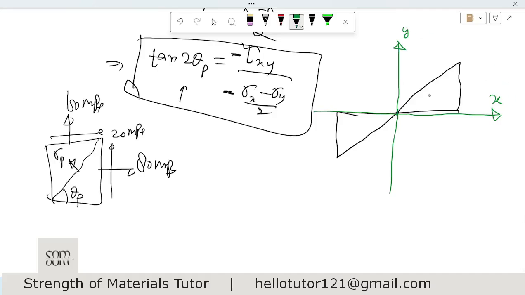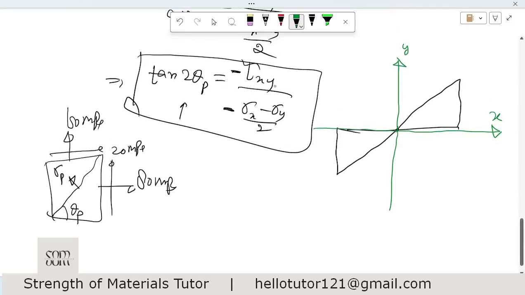This is the bright side and this is the dark side. Now what is tangent of something? In a right angle triangle, tangent is perpendicular divided by base.